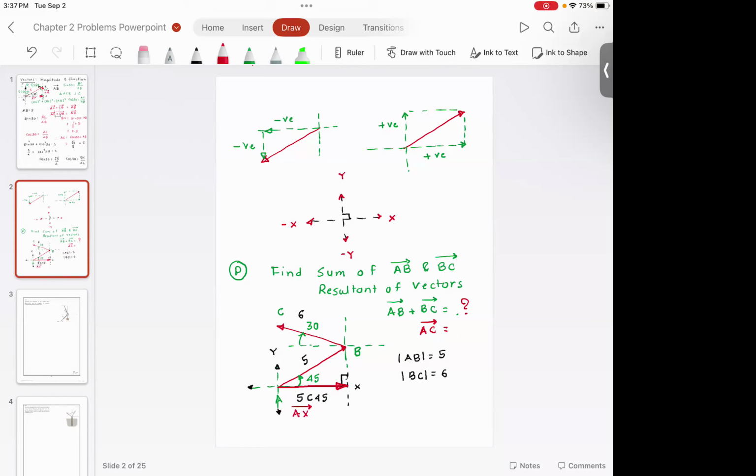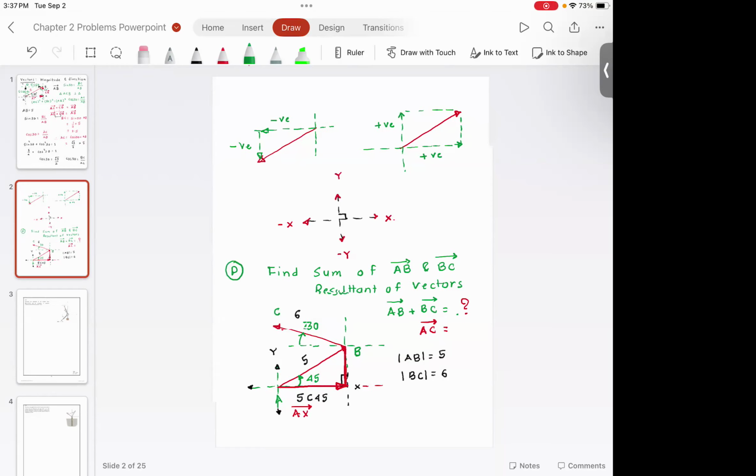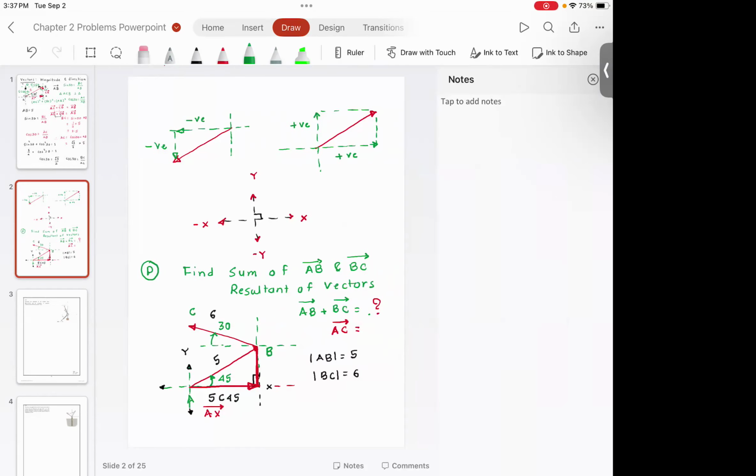Now let's go further. And you know my next question. Can someone tell me what is this? XB. Yeah. 5 sine 45. And which way should the arrow point? Upwards.